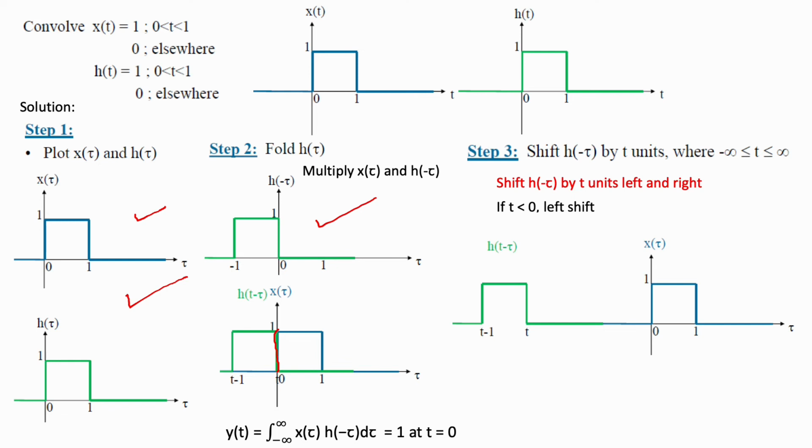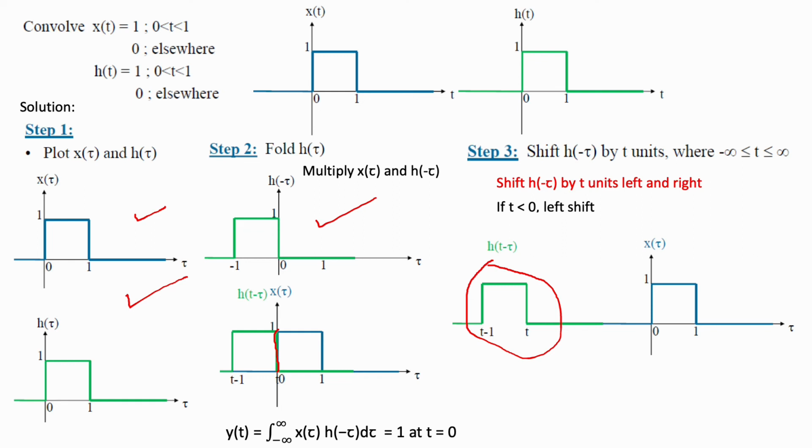Here the blue color represents x of tau, h of t minus tau is the green color. So in the signal you shift the whole signal by t times. Already I told you the x-axis, the 0 you add plus t, the minus 1 you add plus t. So you will get like this, t minus 1, t. Look at it.